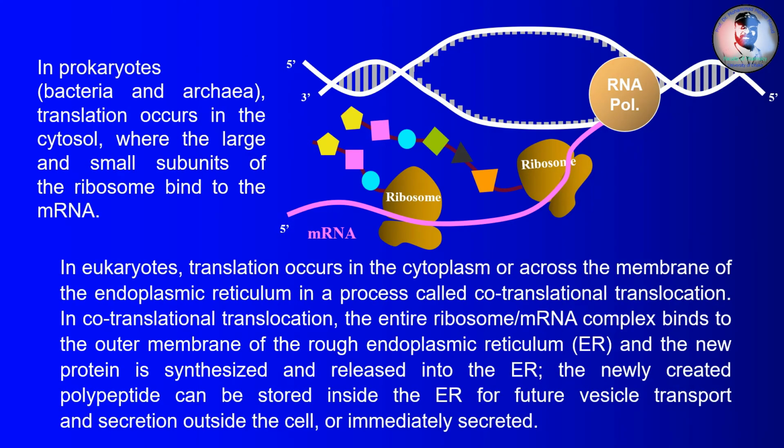In eukaryotes, translation occurs in the cytoplasm or across the membrane of the endoplasmic reticulum in a process called co-translational translocation. In co-translational translocation, the entire ribosome messenger RNA complex binds to the outer membrane of the rough endoplasmic reticulum, and the new protein is synthesized and released into the endoplasmic reticulum.